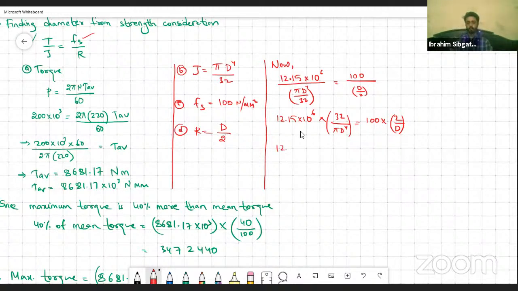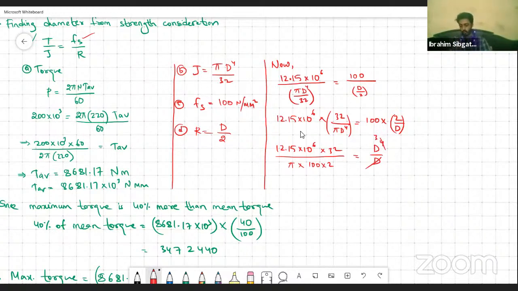So 12.15 into 10 power 6 into 32 divided by pi into 100 into 2. And on the other side, we will write down d power 4 by d. So 1d gets cancelled over here and we will be left with d cube.